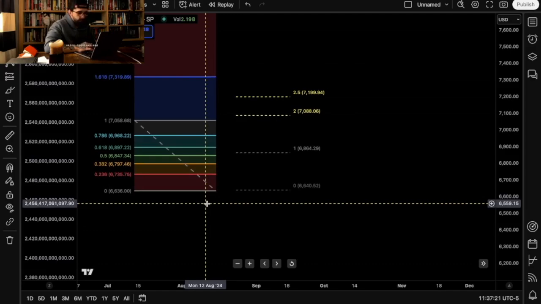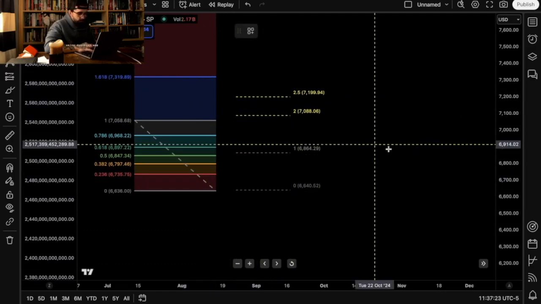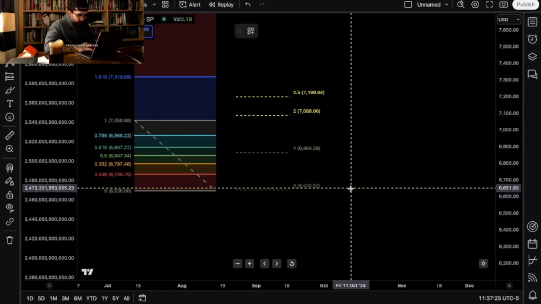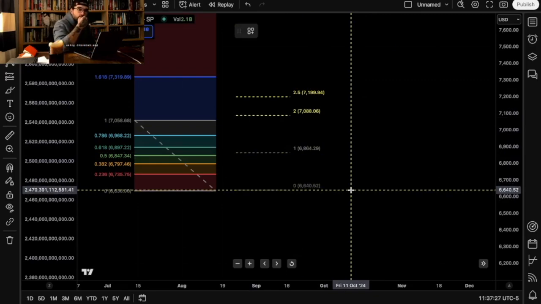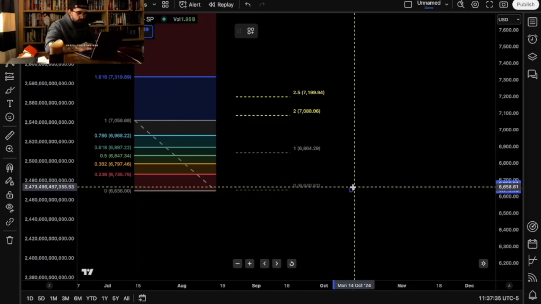All right, and then on the left here we have an iteration used to measure moves in the market, right? So it's a standard deviation tool. It essentially measures the initial price leg and then doubles it and then 2.5 multiple to find price targets. That's pretty accurate.